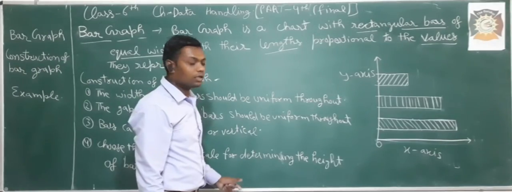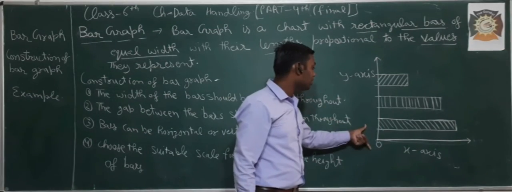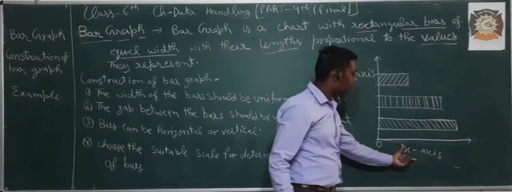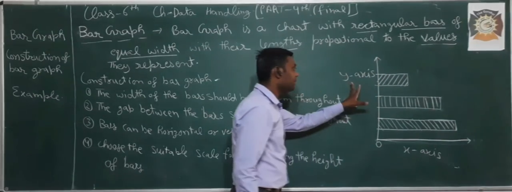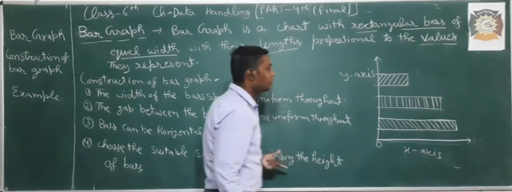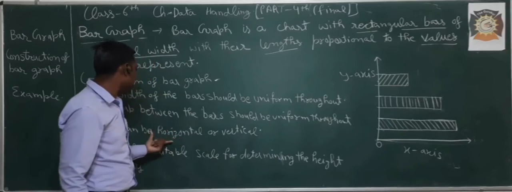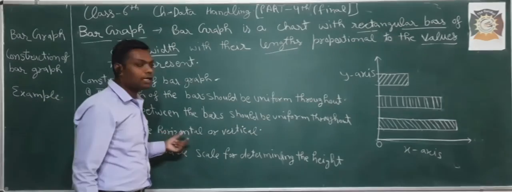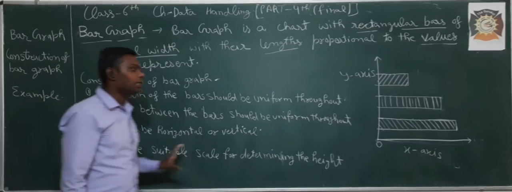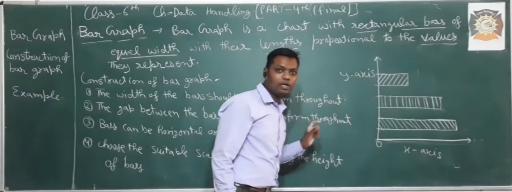Let's see the picture. This is the representation of a bar graph in horizontal form. The x-axis remains the same and the y-axis remains the same, but the bars are horizontal, and this is called the horizontal bar graph. And as you see, all four rules must be followed in both horizontal and vertical bars.